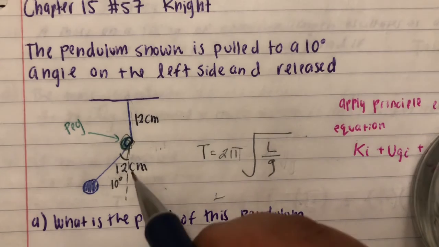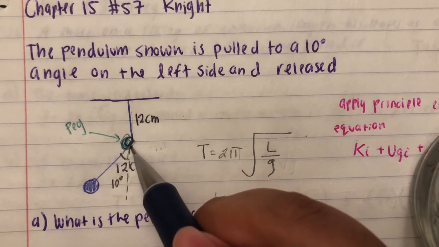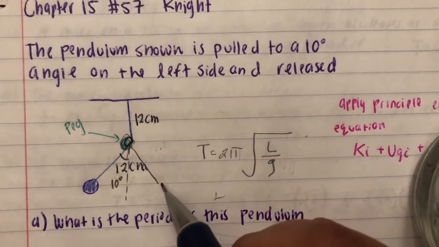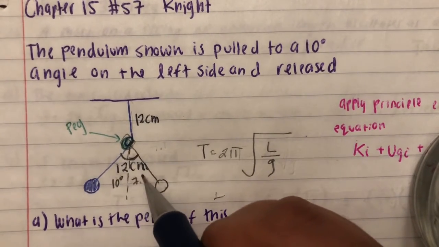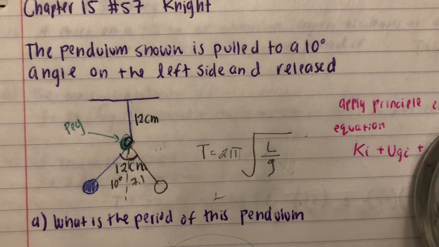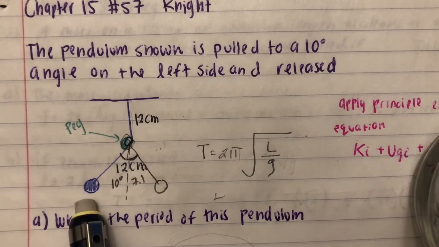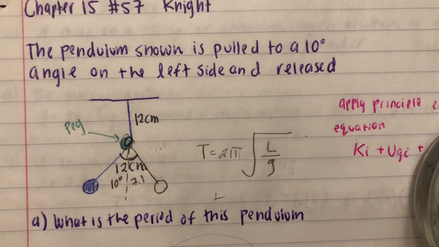It's not accurate, but pretty much this would be 7.1. Okay, so that is the max degree it could go to. It cannot go any higher, and this is due to it being pulled here 10 degrees. Yeah, that's pretty much the max angle. It can't go any bigger than that.